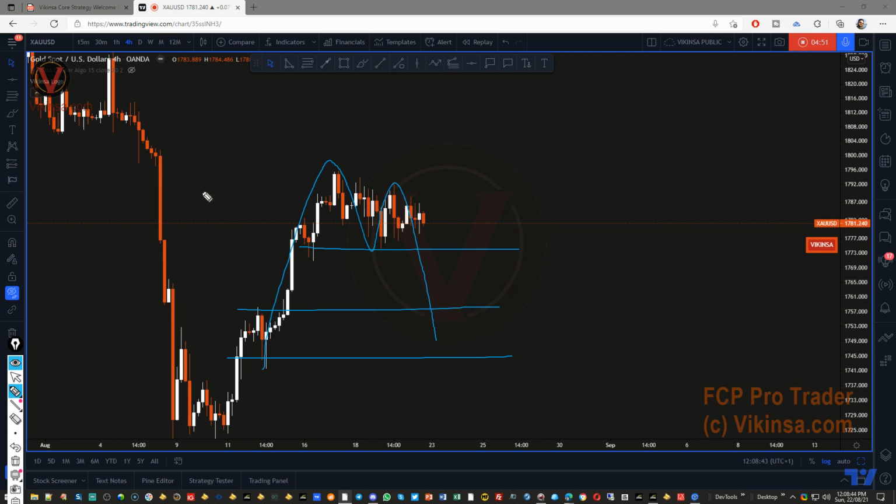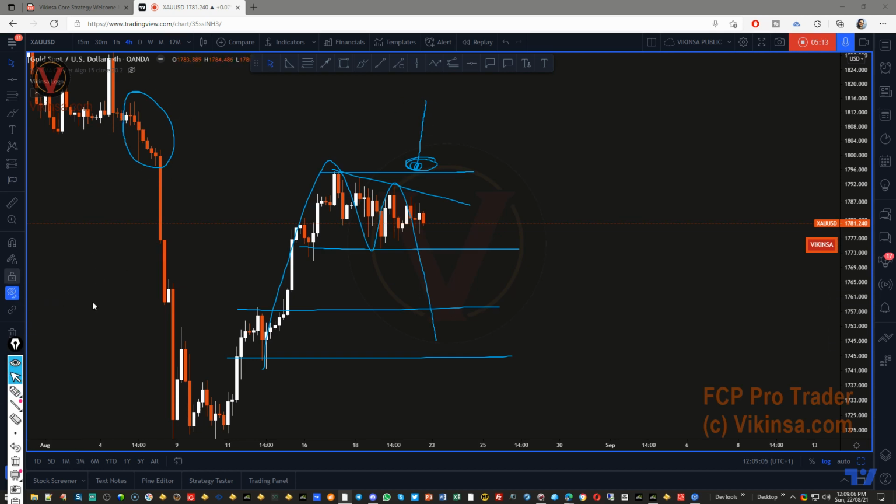So that's a possibility. In the previous analysis, I mentioned that this price action is not looking very good. This needs to be cleared. That's why I still think that gold can have a bullish movement at some point in time. So personally, I'll be looking for anything which is breaking out above this to target this price action area, and even beyond that.